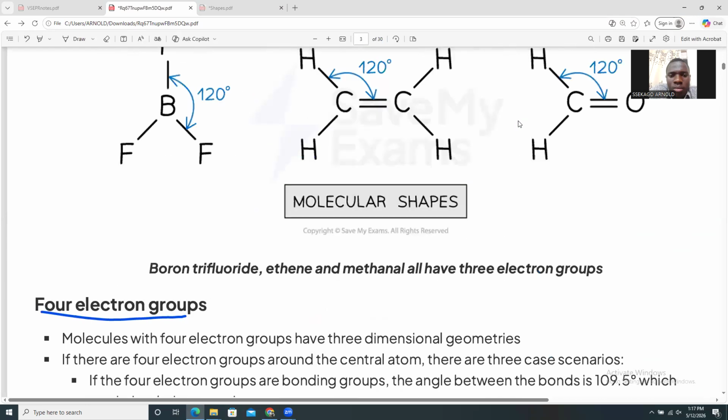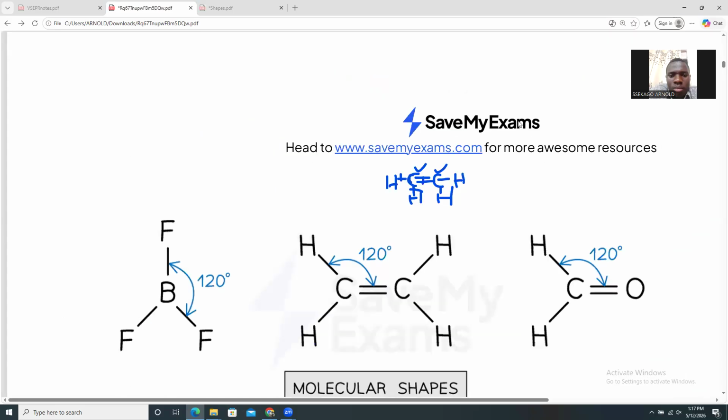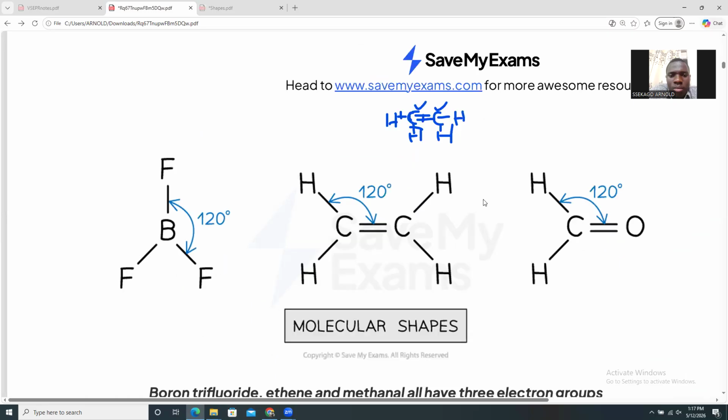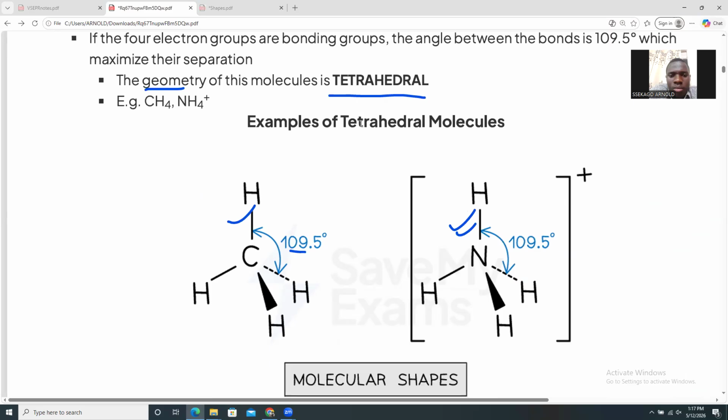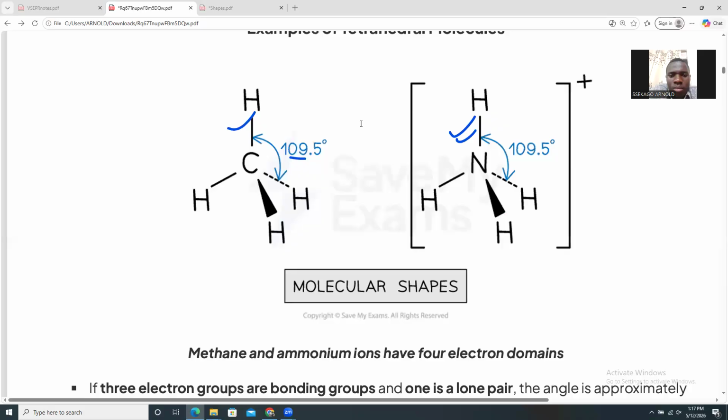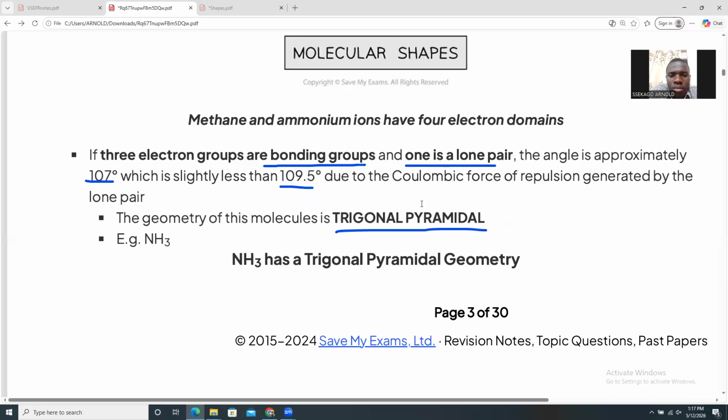I hope you still recall what an electronic group is. For 4 electronic groups, the geometry in general is tetrahedral. But within the tetrahedral geometry, we have a trigonal pyramidal geometry.